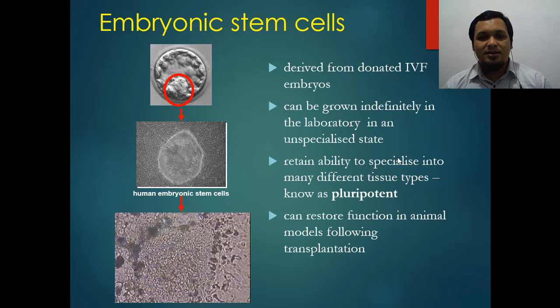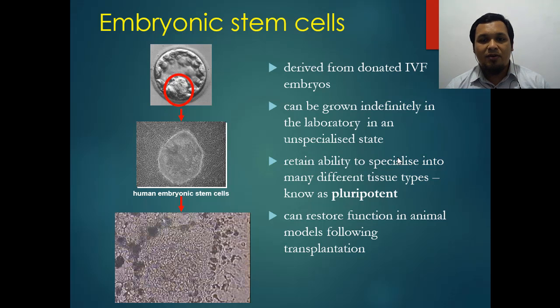The inner cell mass can be grown in the laboratory in a condition which is unspecialized. They keep it for a certain period of time, as long as the researcher can maintain the condition. This condition, like I told you before, we call pluripotent, and it can be very useful.